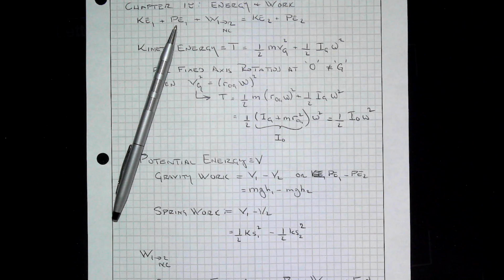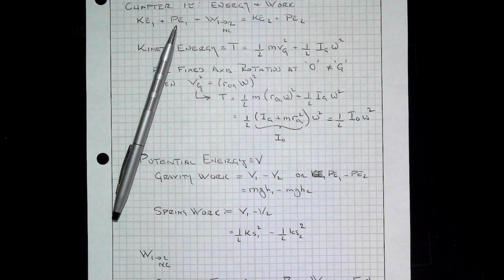And of course, that's just the parallel axis theorem if we bring the mass moment of inertia at G plus the m R omega squared term together. And so we can express kinetic energy, rather than these two terms, as 1/2 mass moment of inertia at the point of rotation, Io, omega squared. So that's a difference for us.